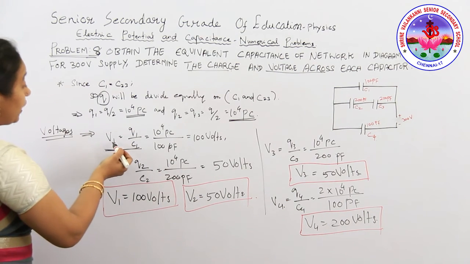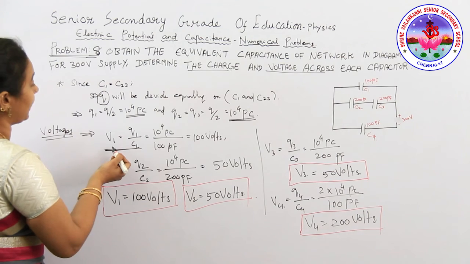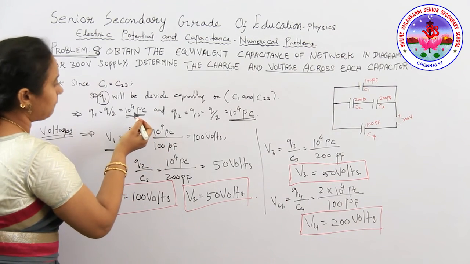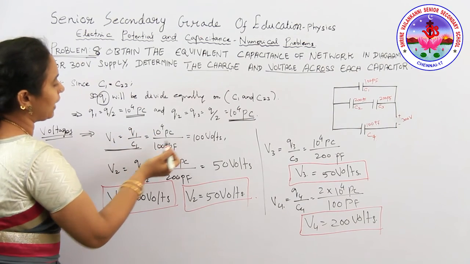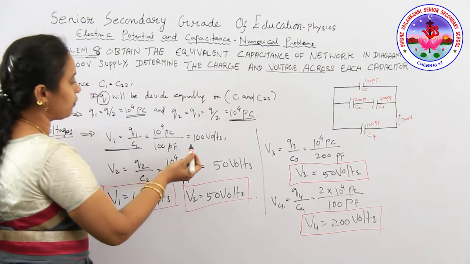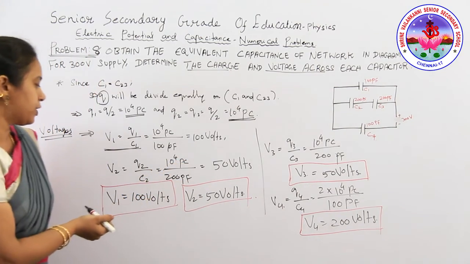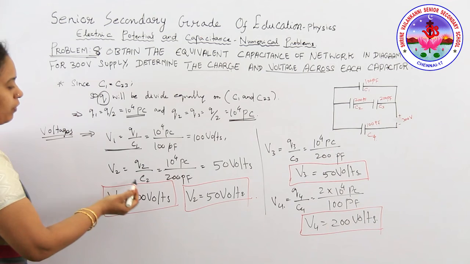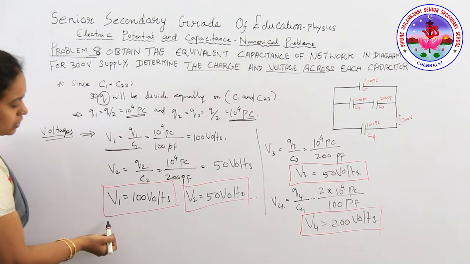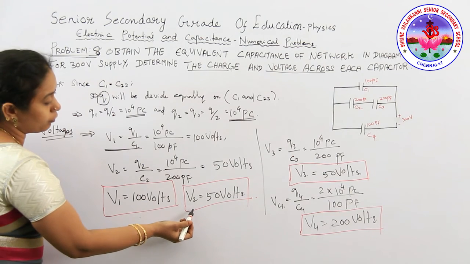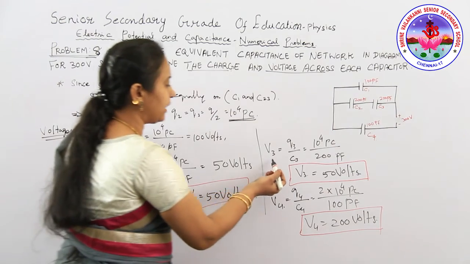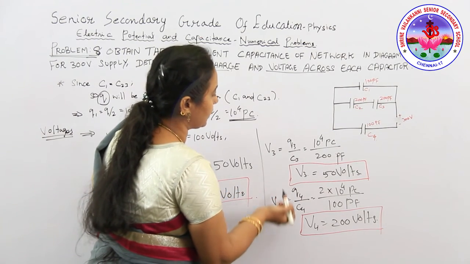So V1 equals Q1 by C1, Q1 is 10 power 4 picocoulomb divided by C1 value 100 picofarad. So we get 100 volt, and V2 in the same way we get 50 volt. So V1 is 100 volts and V2 is 50 volt. In the same way we calculate V3 and V4 also.